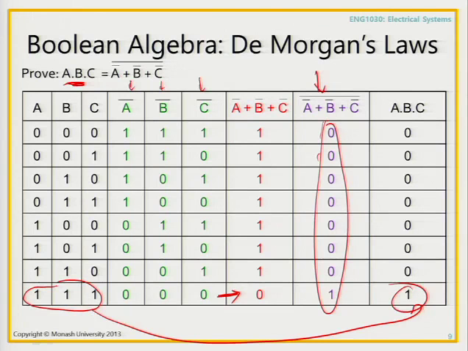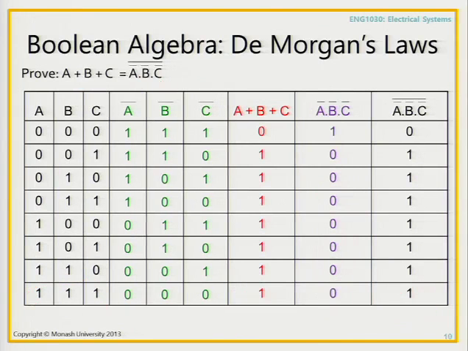Okay, so this is just the empirical proof of De Morgan's law for the AND gate. And for the OR gate, there's a similar result. Over here, you've got not A, not B, not C. So they're just inverted ABCs. And if we take A plus B plus C, then everything's 1 except for this row.